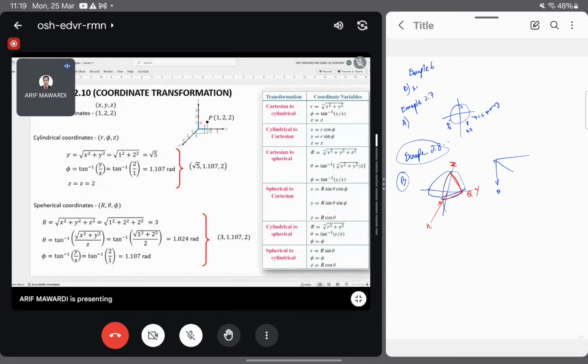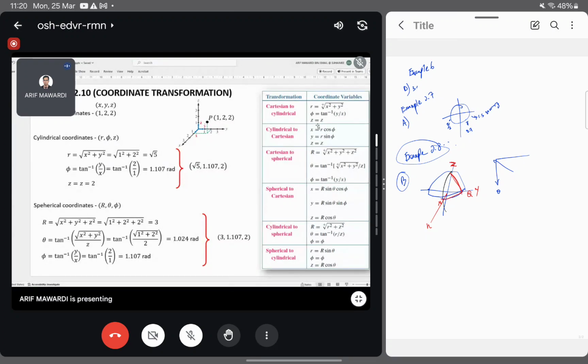Okay, so you can determine the value of r, and then to determine the value of phi, the second coordinate variable, you can use this one. If you use this one, the tangent of y over x, you know the value of y and the value of x, so you will get the value for the second coordinate variable.